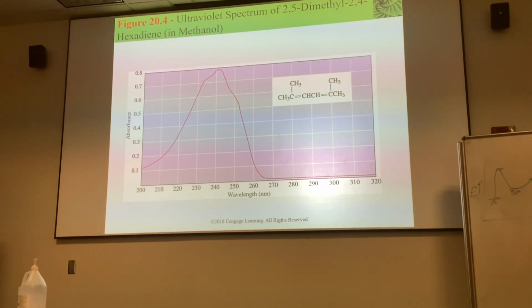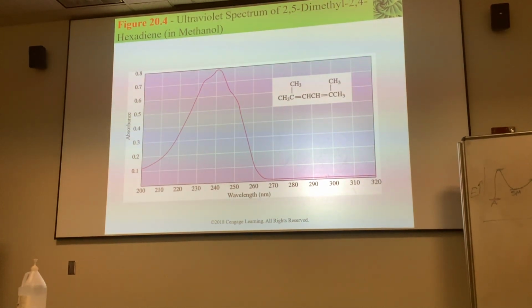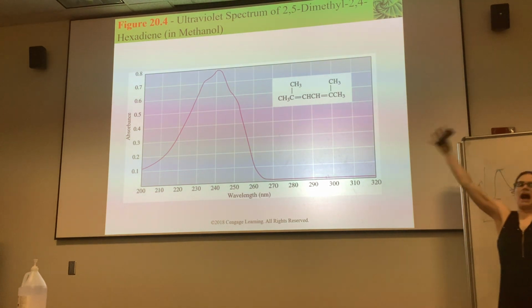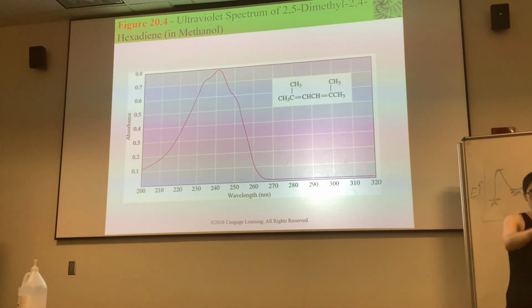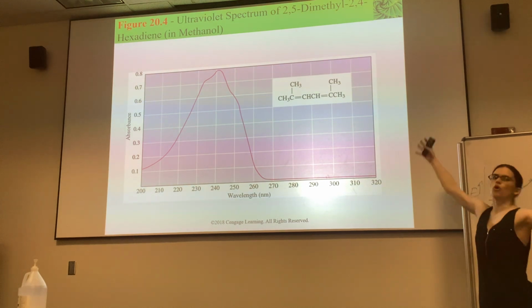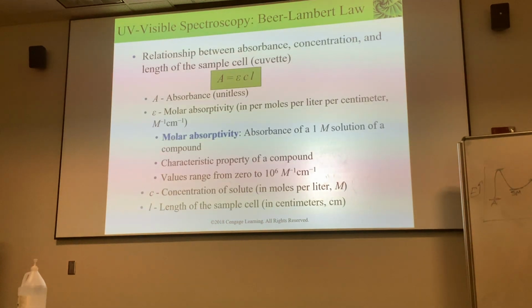Unlike NMR, where we get peaks, in NMR we get peaks, and in IR we usually get peaks, unless we have hydrogen bonding and then they're kind of wide. And in UV-Vis, they're wide, you don't get specific numbers, you get rolling hills, which we're gonna talk about in a second.